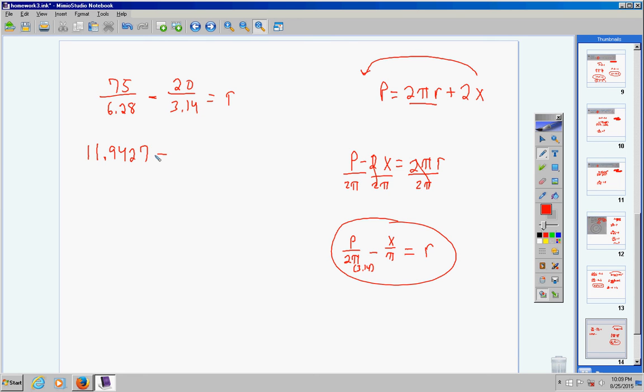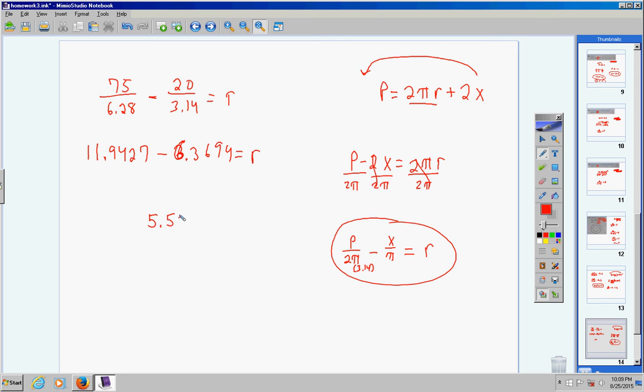And you'll get 6.3694. Equals r. Okay, so let's subtract these two numbers, and we will get 5.57.